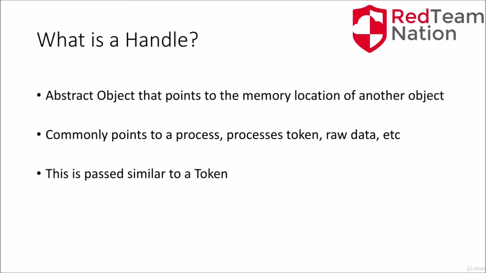Now, like I said, this normally points to a specific process, the process's token, or raw data. And this is passed just like it is as a token. Like I said, it tends to be direct memory locations. However, in some cases, it points to an abstract object even further that then points to the memory location. But in those particular cases, we'll be able to tell by looking at the documentation. So we'll get to that in a little bit.